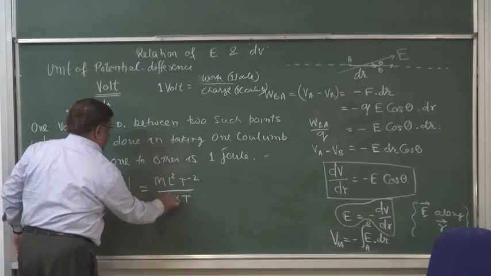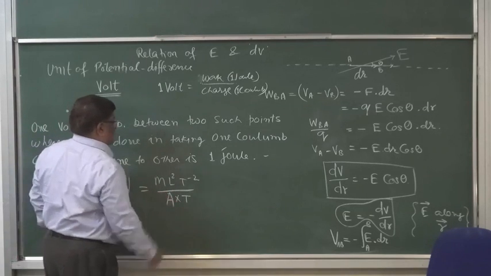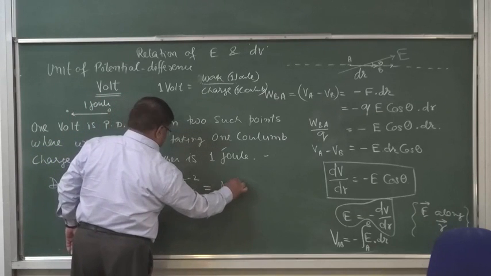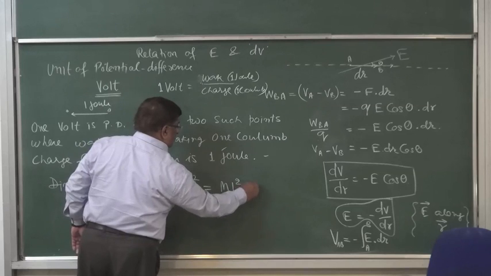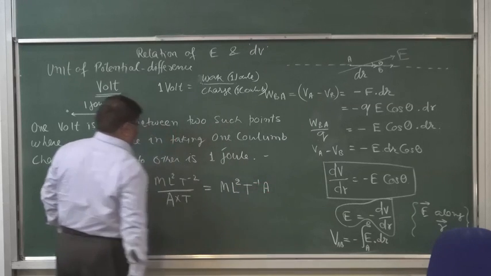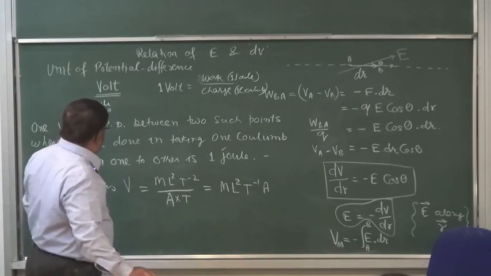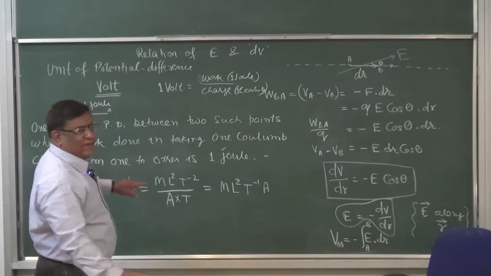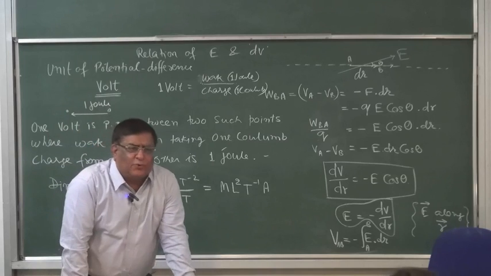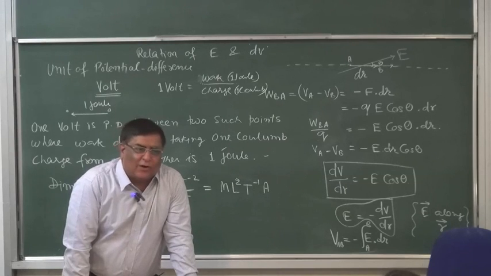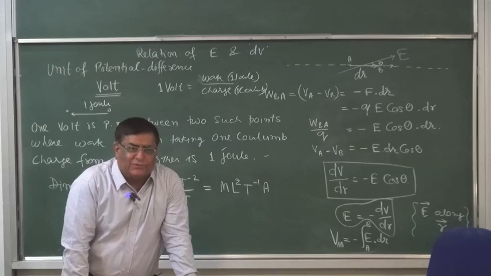A. M, work done. What is force? And work done is ML squared T minus 2.